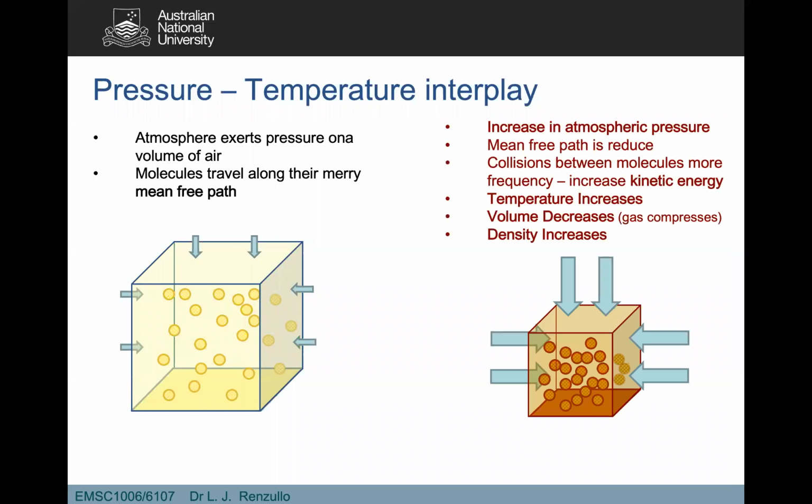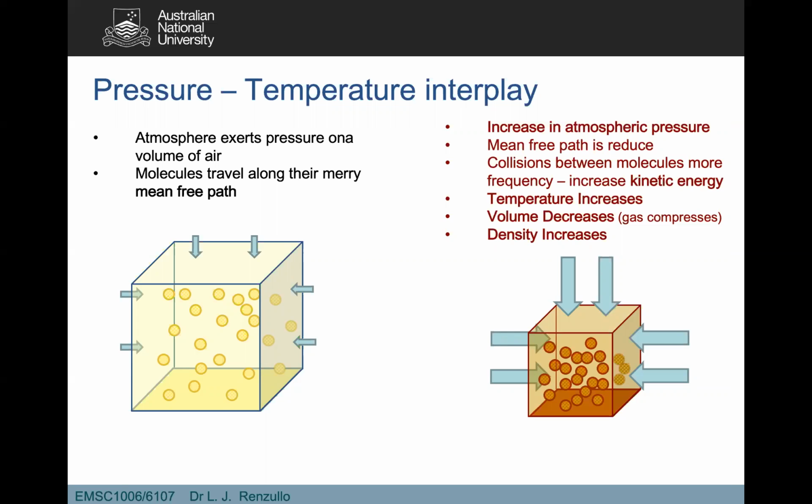As we increase the pressure on that volume of air, the mean free path reduces. That means the distance or the time between collisions decreases, so they collide more often. The collision between molecules increases the energy inside that volume, which results in an increase in temperature of that volume.